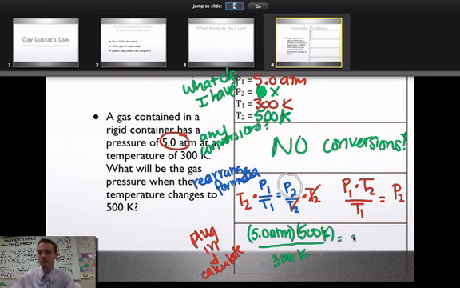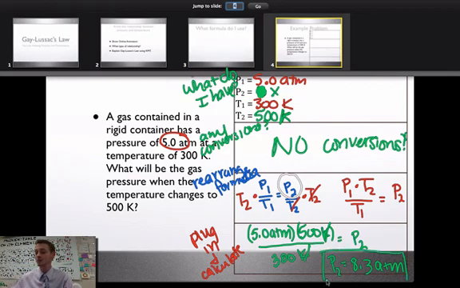It's going to equal my pressure 2. In my calculator, 5 times 500 divided by 300. I get that my pressure 2 is 8.3, and my Kelvins cancel, leaving me with atmospheres.